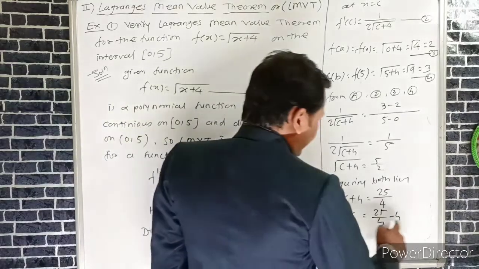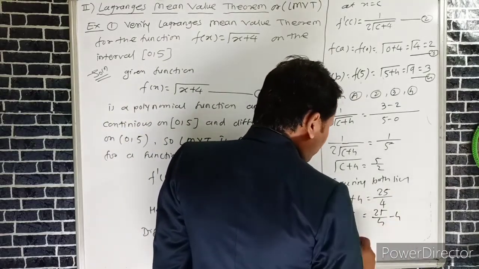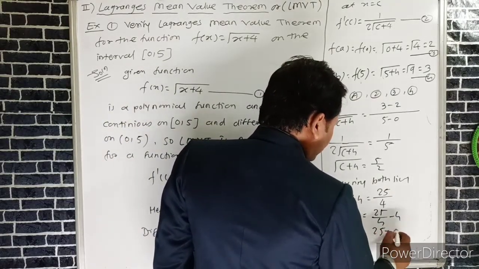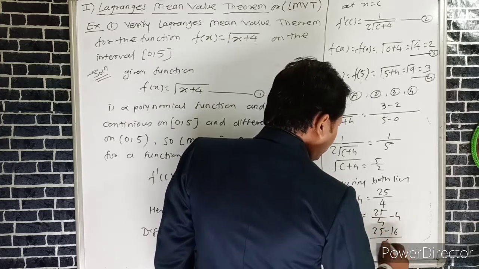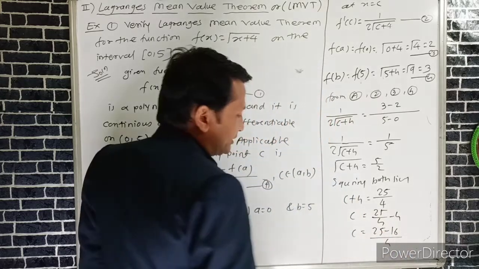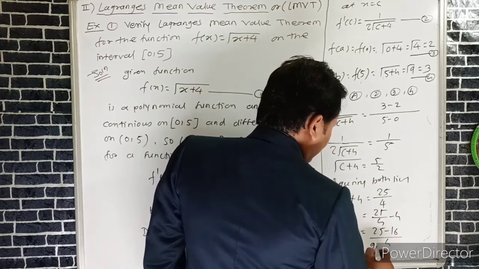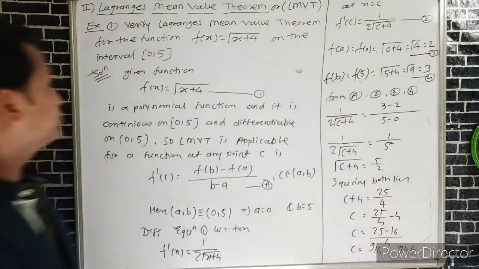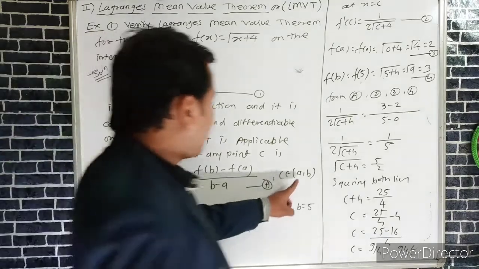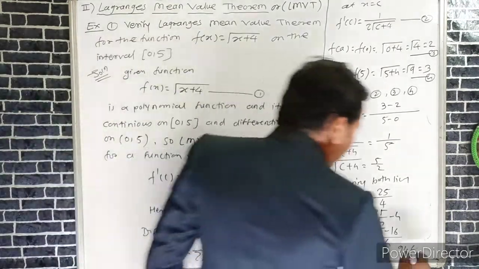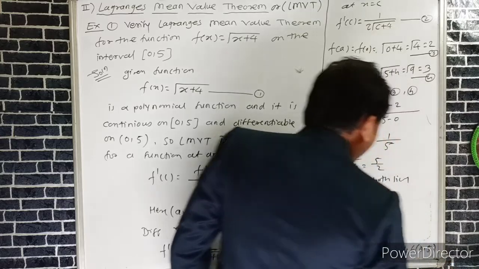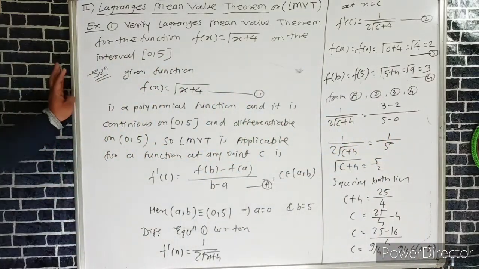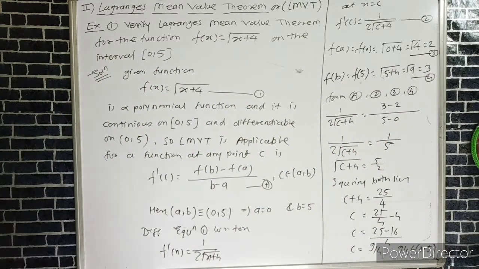If we equate the denominators of both terms, we can write 25 minus 4 into 4, that is 16, upon 4. 25 minus 16 is 9 by 4. And this 9 by 4 belongs to the interval between 0 and 5. Hence we can say that Lagrange's mean value theorem is verified.